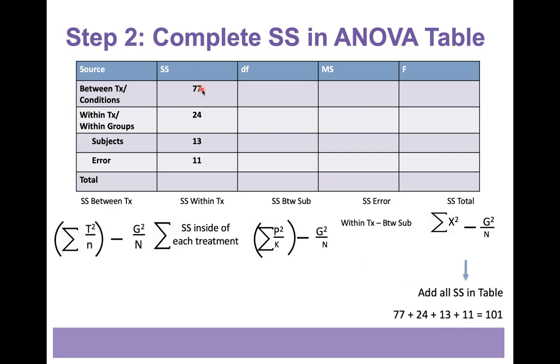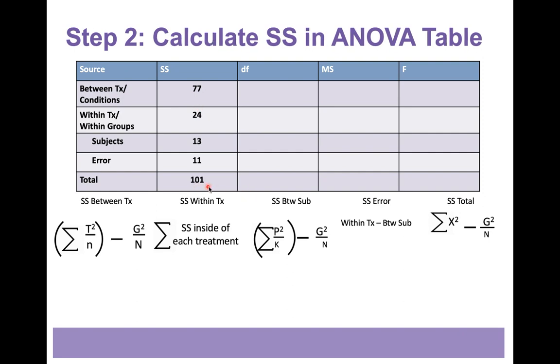So between treatment conditions and within treatment conditions, 77 plus 24 gives us 101. Okay. The hard part is over, I promise. That is the extent of our sort of difficult computations here.